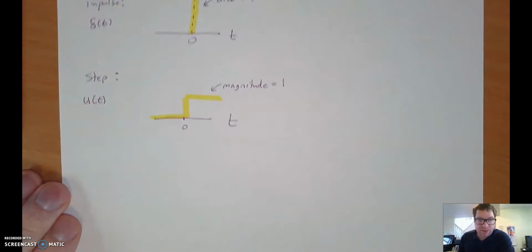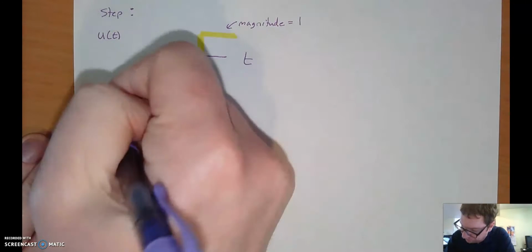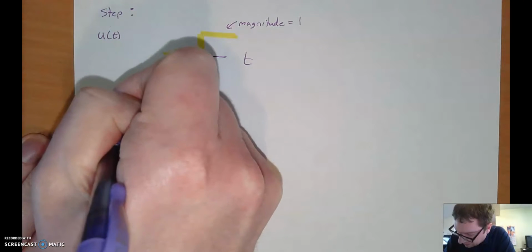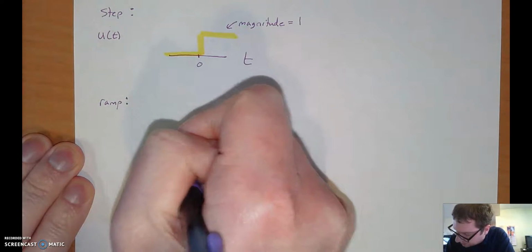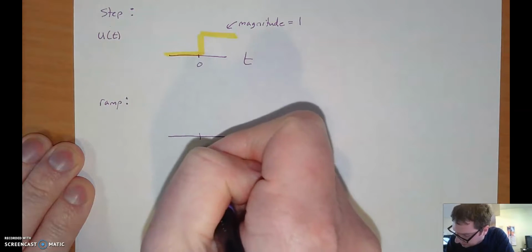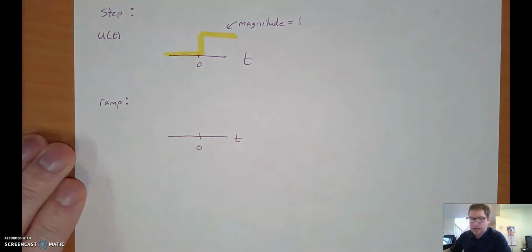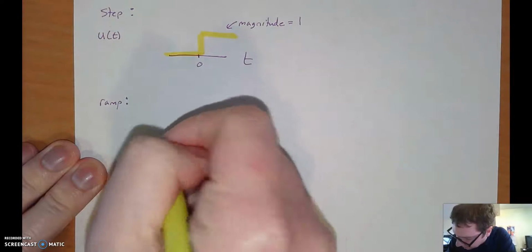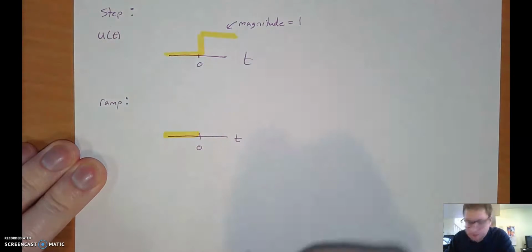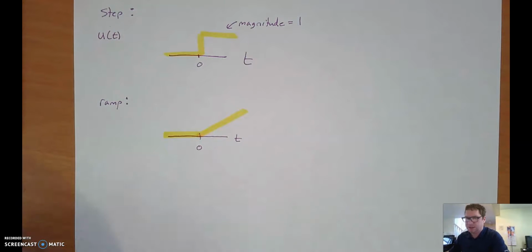If we integrate the step function, we get the ramp function. You can keep going down, but we don't go any farther than the ramp for this class. So the ramp function: we integrate the step function over t, and we don't accumulate any area until we get to 0. Then it has a constant slope.